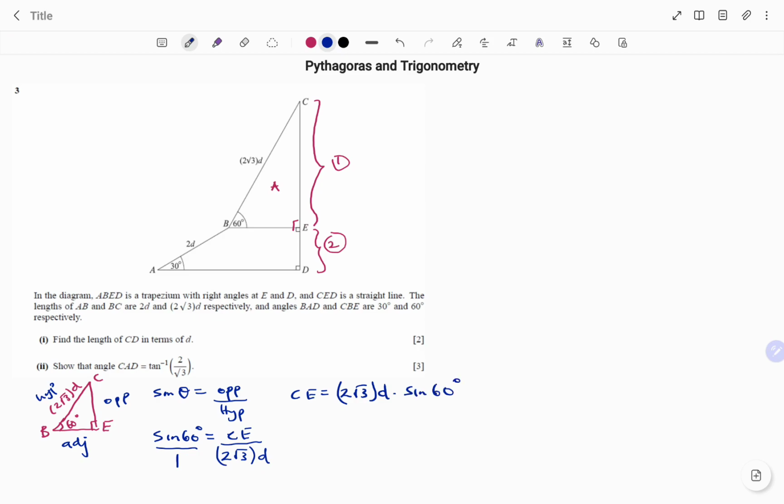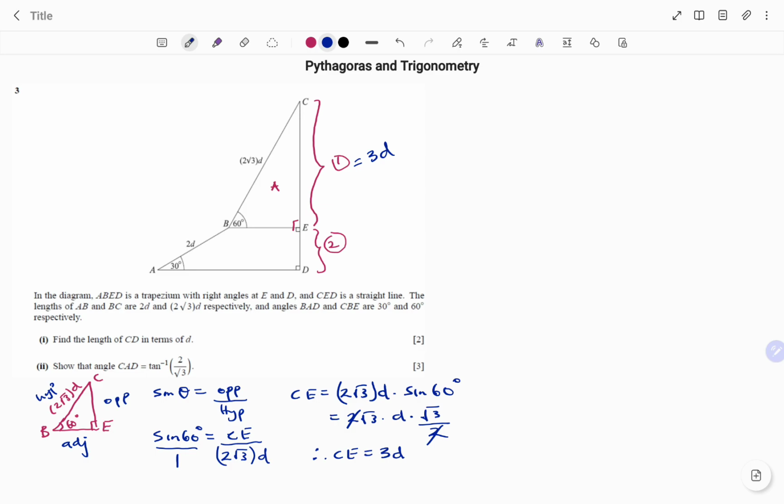If I punch that in on my calculator, I still have my 2 root 3 times D times sine 60, that's root 3 over 2. Simplifying, 2 over 2 is 1, root 3 times root 3 is 3, times D, that's 3D. So therefore, the length CE equals 3D.